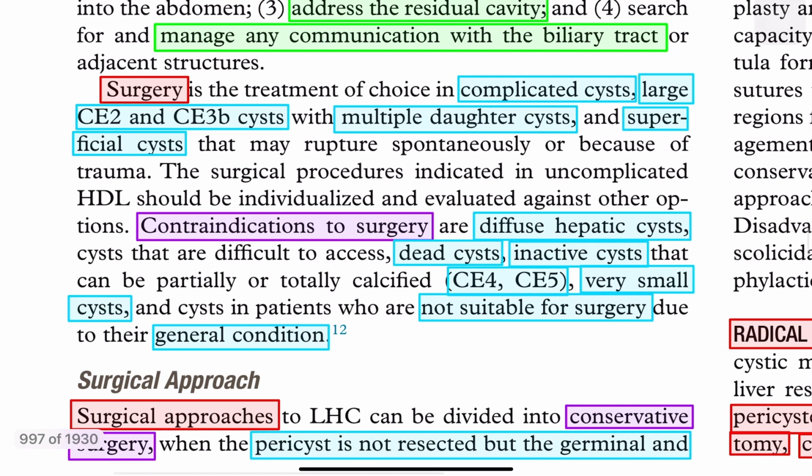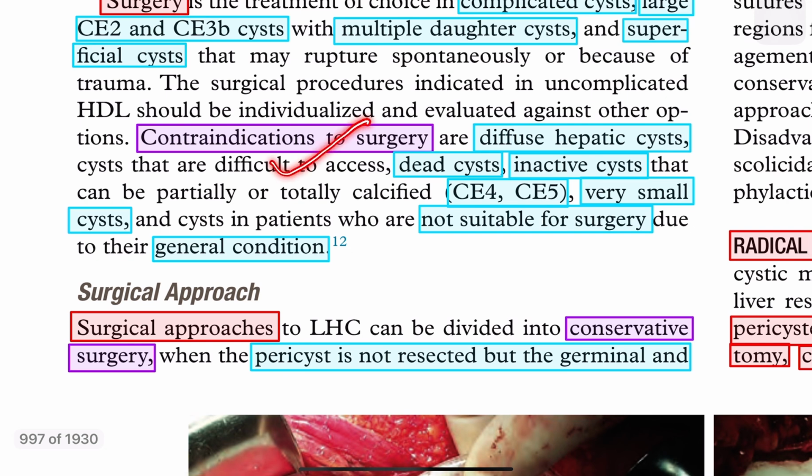Now surgery is mainly for complicated cyst, large CE2 and CE3B cyst, multiple daughter cysts and superficial cyst. Superficial, just remember. And contraindications for surgery are diffuse hepatic cysts, dead cysts, inactive cysts, that is CE4 and CE5, very small cysts, and patients not suitable for surgery due to general condition.